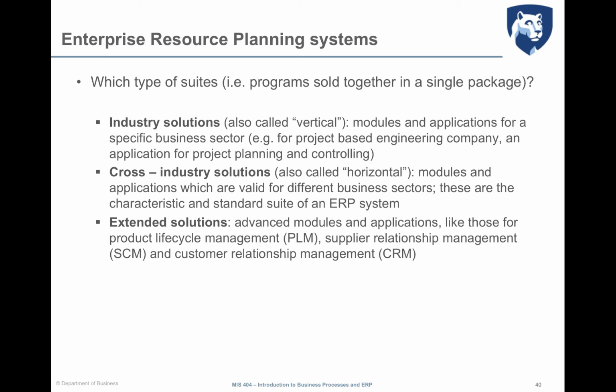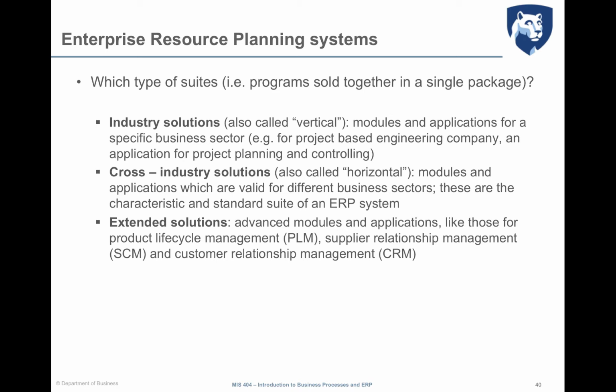For example, if I am a project-based company, such as an engineering company, I will need an application for project planning and controlling of activities. And I have industry solutions supporting this type of need, these activities which are specific to a particular business.